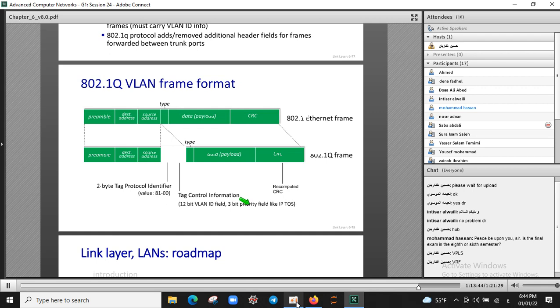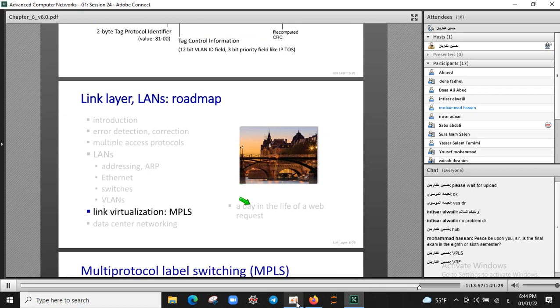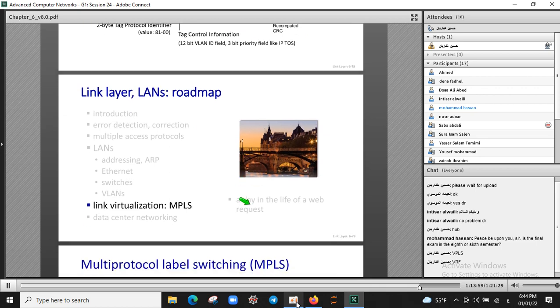Those switches are 802.1Q VLAN protocol capable. They have to know about the VLAN protocol, especially 802.1Q. Otherwise, I cannot use VLANs here. But it's a necessity inside my network. I have to use this one here.